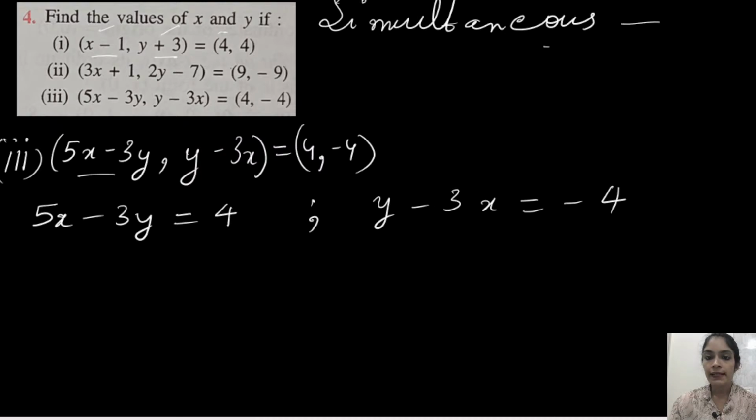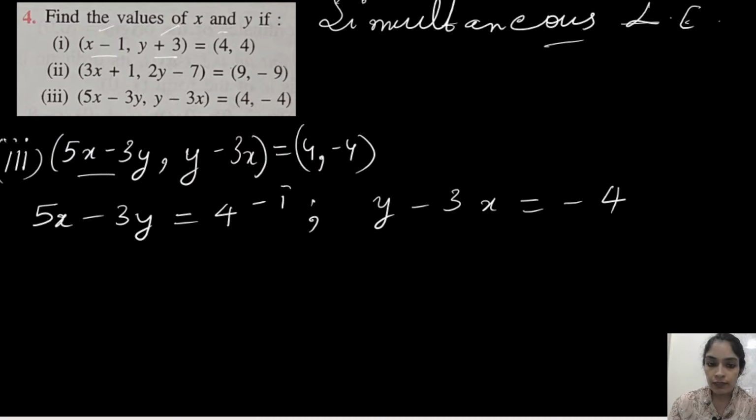So we will use the simultaneous linear equations concept and solve these equations. Substitution we can do, elimination, or cross multiplication. Any of the methods we can do here. So I will just do substitution because I feel it's a little easier. Elimination also you can do, no issue.